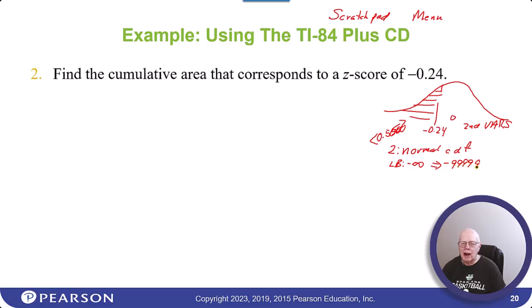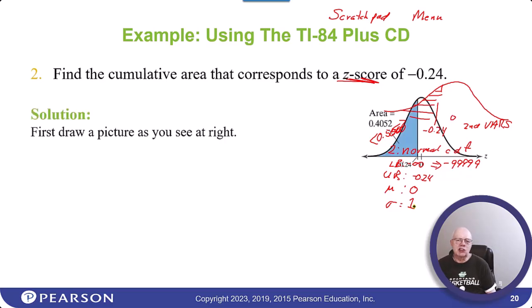For the upper bound, I'll put in negative 0.24. And then for the mean, since this is z-score up here, that means that I'm going to put a 0 in. And for the standard deviation, this is the standard normal distribution, so that will be a 1.